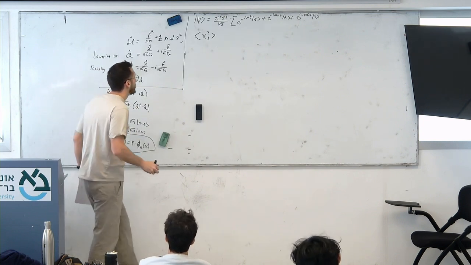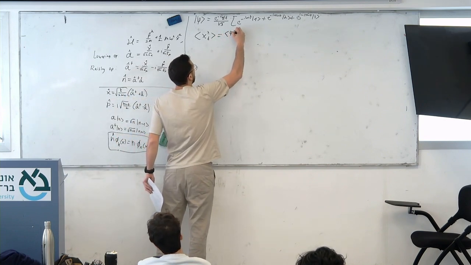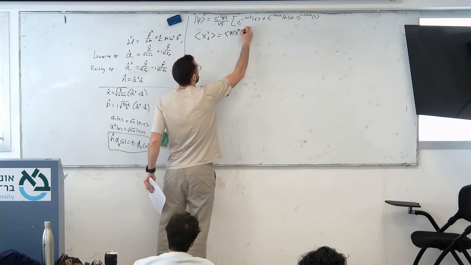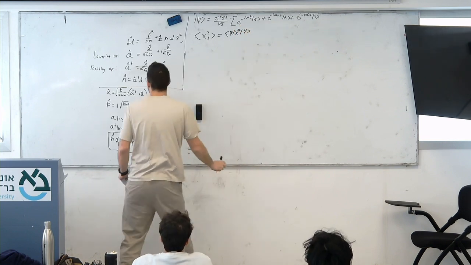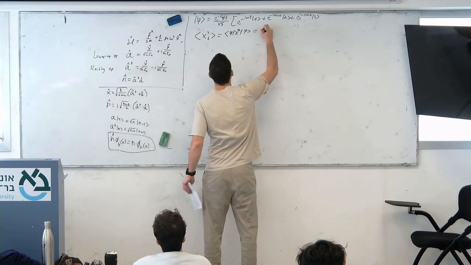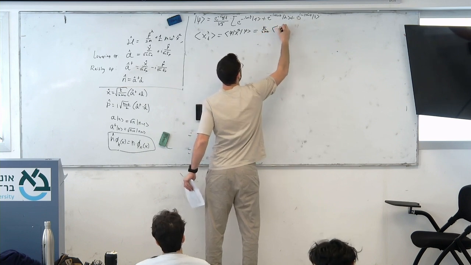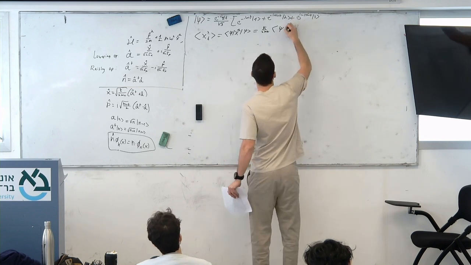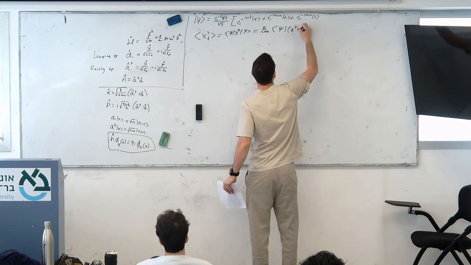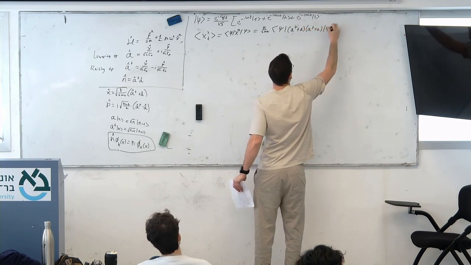How do I do x squared of t? What we're gonna have is psi, x operator squared, psi. What is x operator squared? So we're gonna have here h bar over 2m omega, psi, (a dagger plus a), (a dagger plus a), psi.